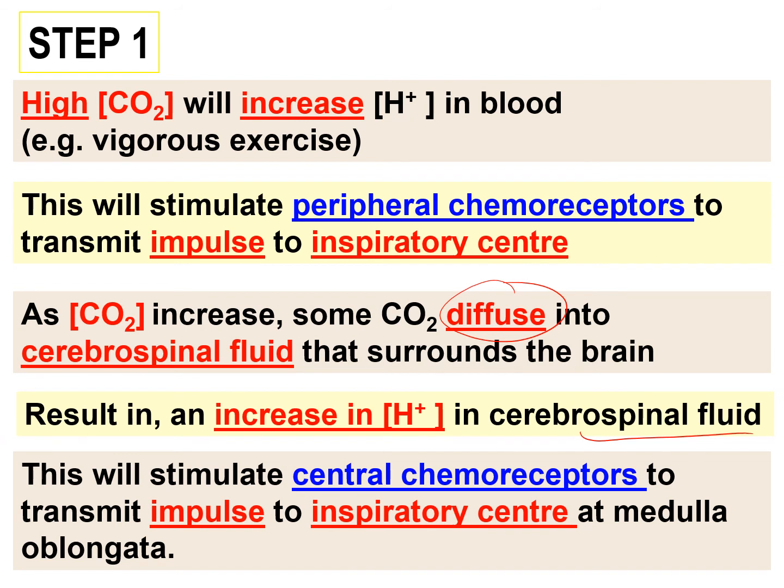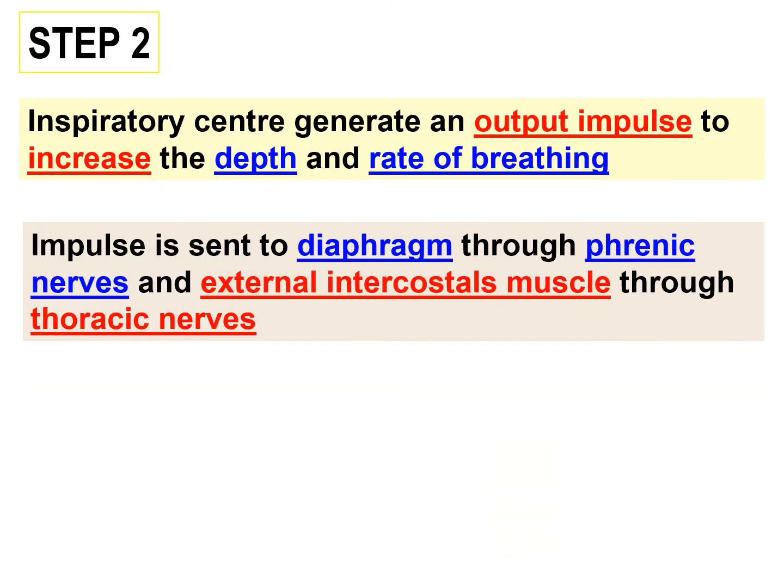So central chemoreceptor also will detect these changes and be stimulated to transmit impulse to inspiratory center. So basically, when carbon dioxide increases, our body will tell the intercostal muscle and the diaphragm, the lung, to breathe in more oxygen, so that after that we can breathe out carbon dioxide.